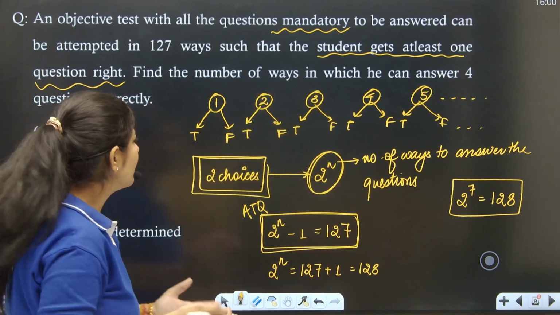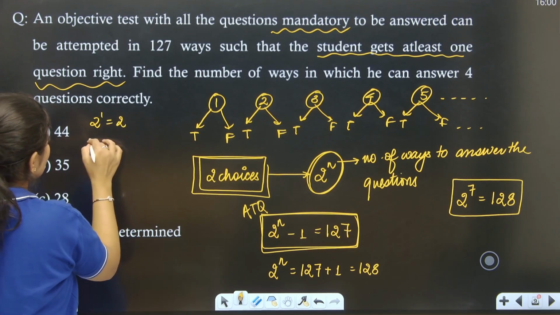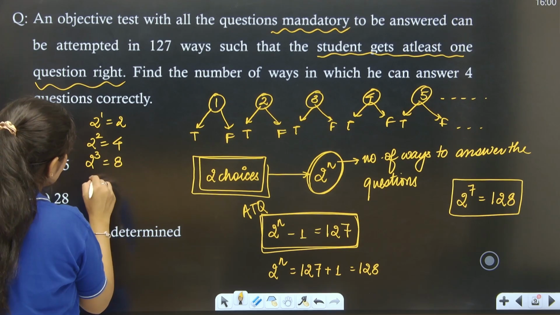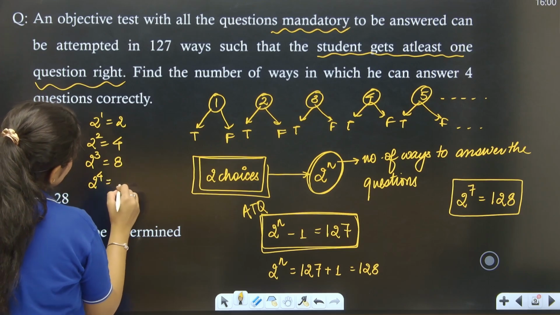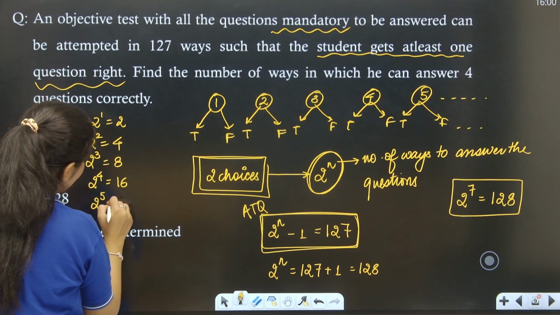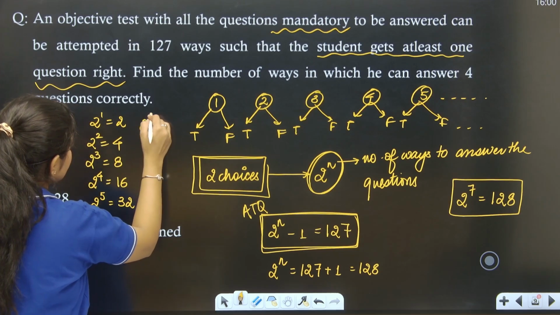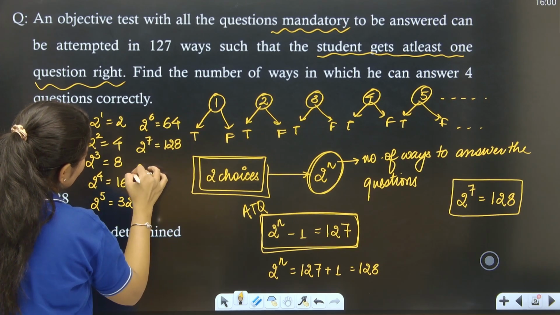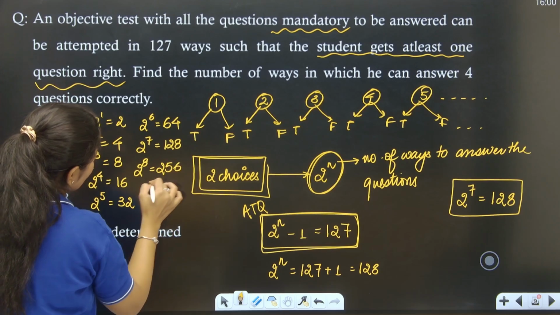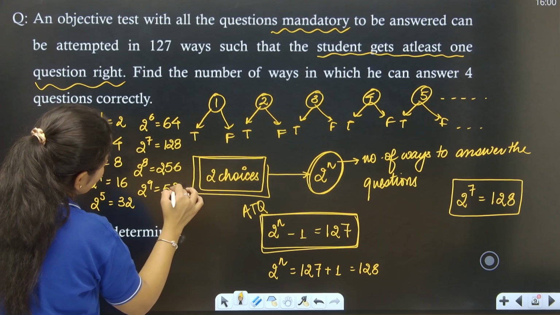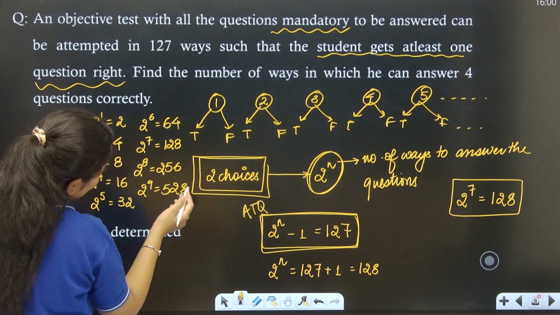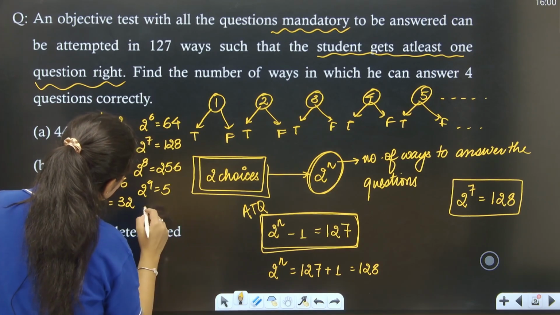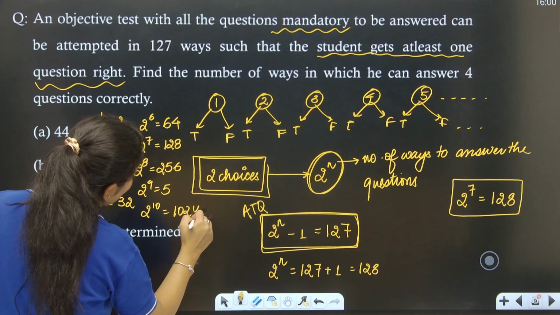If you don't know the powers, then you can write it as: 2 to the power 1 is 2, 2 to the power 2 is 4, 2 to the power 3 is 8, 2 to the power 4 is 16, 2 to the power 5 is 32, 2 to the power 6 is 64, 2 to the power 7 is 128, 2 to the power 8 is 256, 2 to the power 9 is 512, 2 to the power 10 is 1024, and so on.